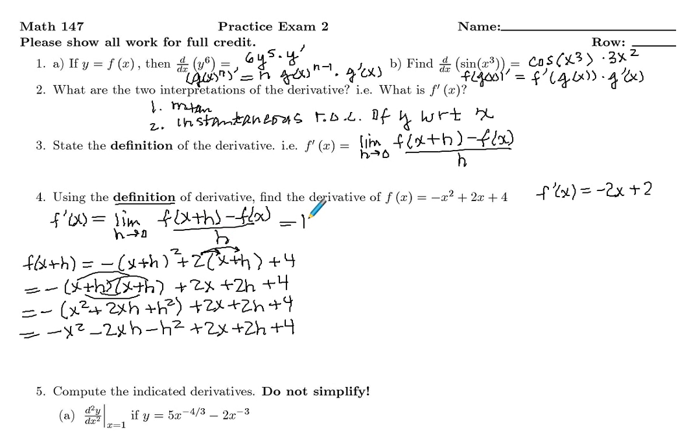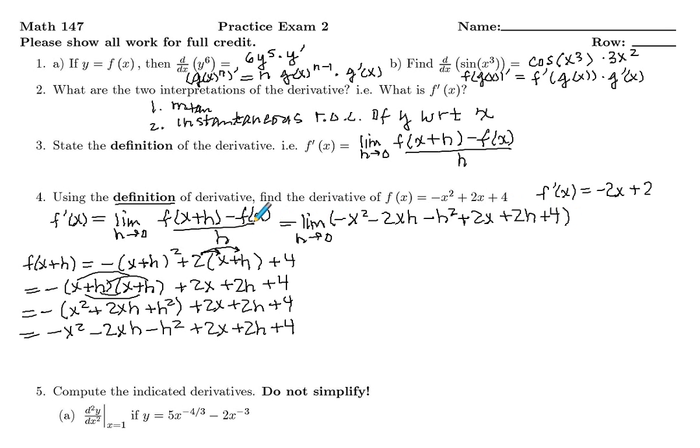So this will now be limit h goes to 0. And this whole thing plugs in for f of x plus h. So we've got a negative x squared, negative 2xh, negative h squared, plus 2x, plus 2h, and plus 4.